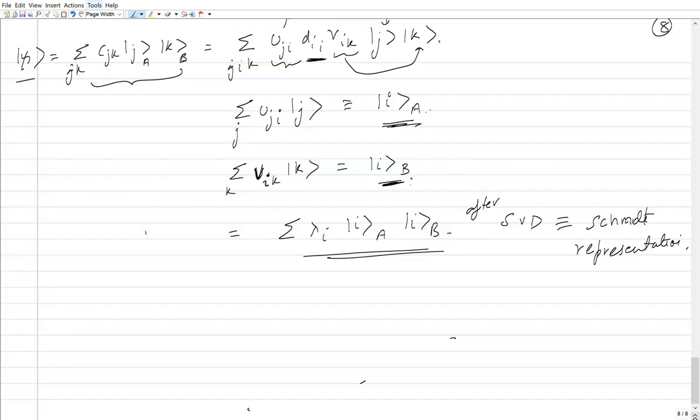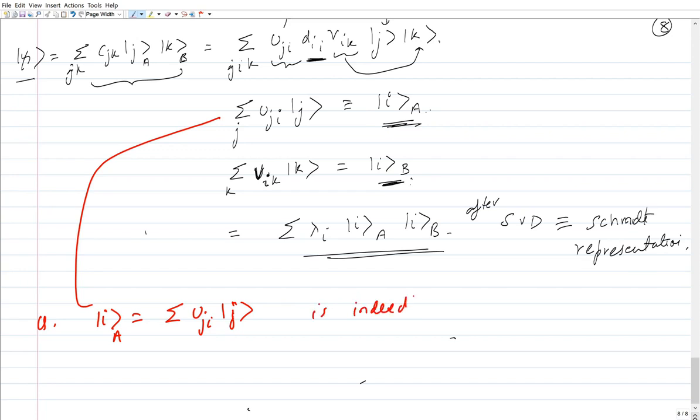Okay, so there's an exercise for you to convince yourself that this state |i_A> over here, which was nothing but the sum of U_ji |j>, is indeed an orthonormal basis.